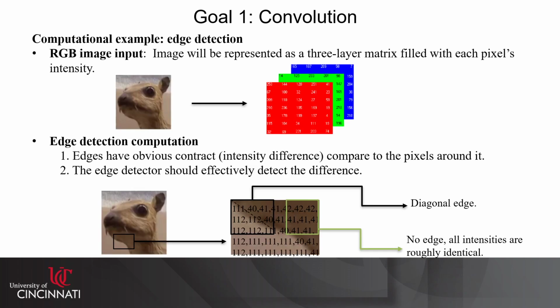So, how does convolution work? How does it extract features? I will give a really simple example here. It may look intimidating, but let's go through this carefully and slowly. It's really simple. This example is edge detection.